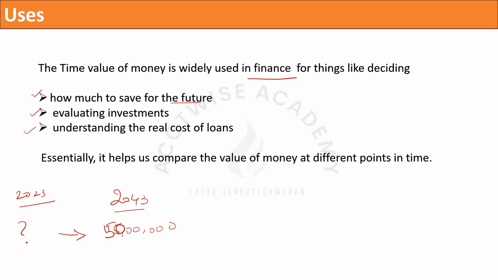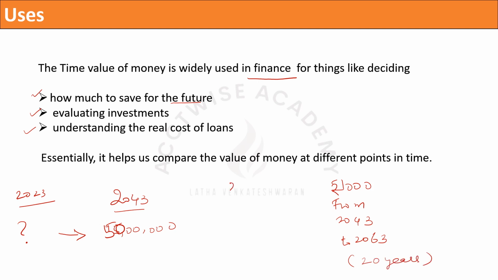Evaluating investments. When evaluating potential investments, TVM helps in estimating the present value of expected future returns. You are expecting a future return of 1000 rupees per month from 2043 to 2063, that is for 20 years.